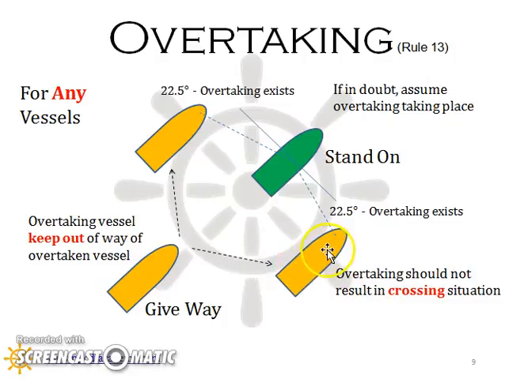Meaning, if you are overtaking the stand-on vessel, you shouldn't alter your course in such a way that you are crossing in front of him, unless you are well clear away from the stand-on vessel, and if you want to alter your course, so be it, but well away.